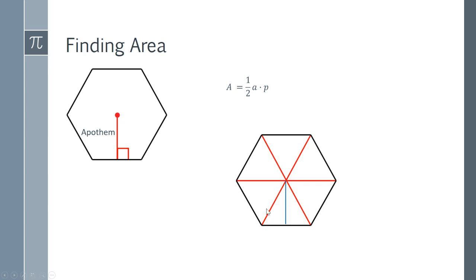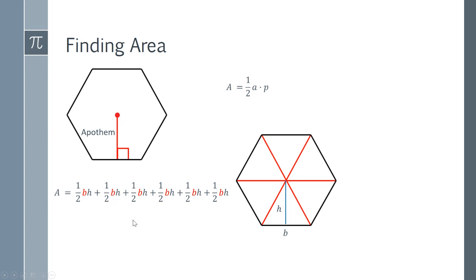To find the area of one triangle, it would be 1/2 base times the height. Well, we've got 6 of these triangles. They're all congruent. So the area would be the sum of all 6 of those triangles, 1/2 base times height. And we've got 6 of them, 1, 2, 3, 4, 5, 6.